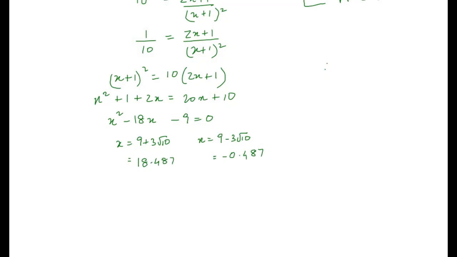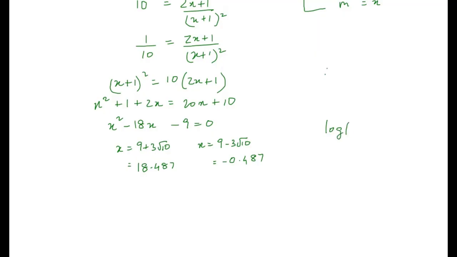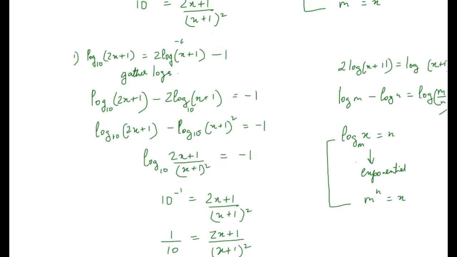The last step would be to confirm that these two values of x are valid in our original equation. So we have to keep in mind that log of a negative number is not valid, and your calculator will throw up a math error. So just checking if negative 0.487 works in this equation. So here it would be negative 0.487 plus 1. That's positive.